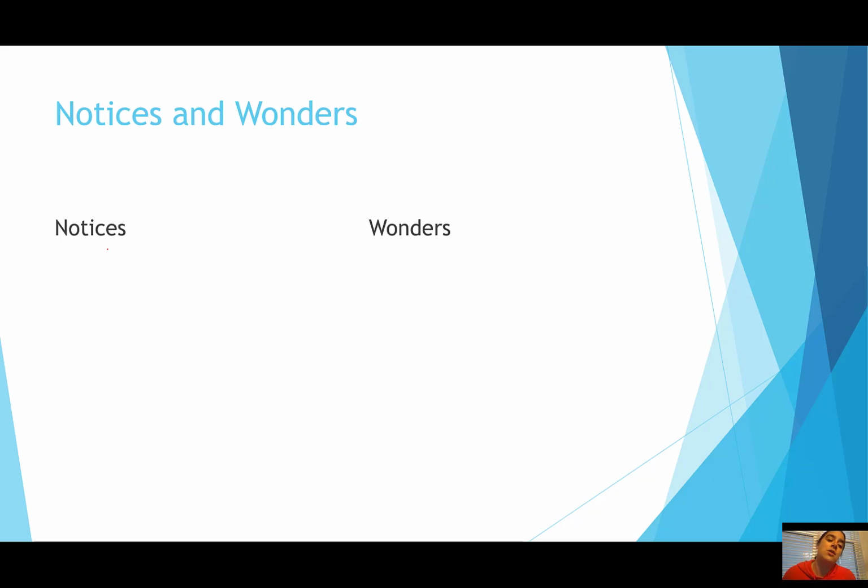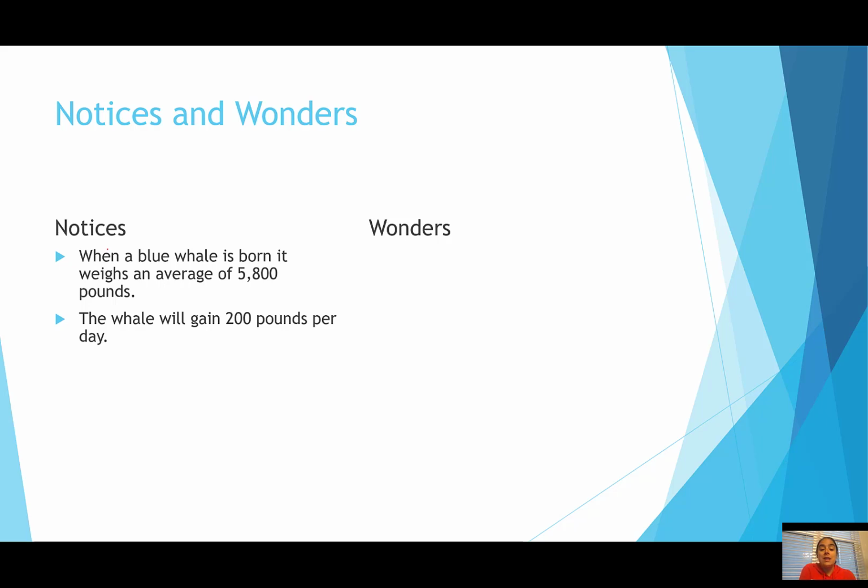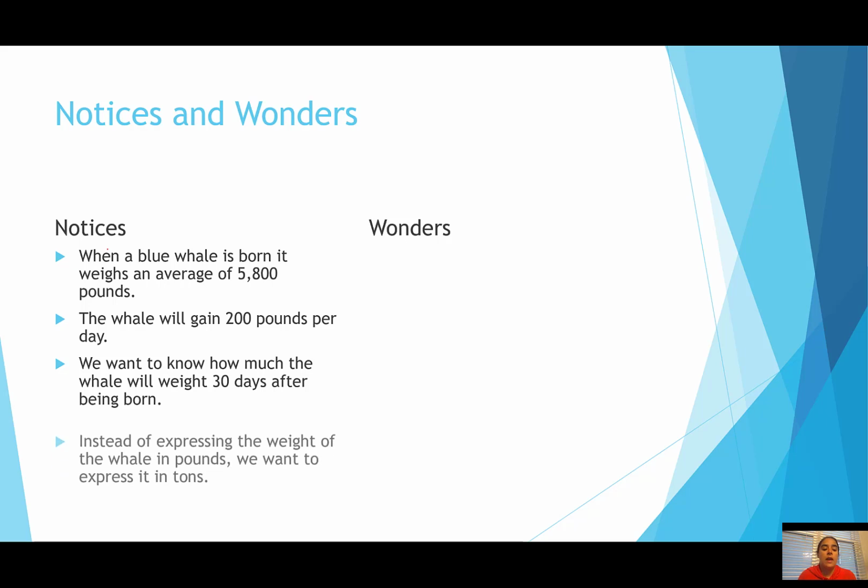Here are some of my notices and wonders. When a blue whale is born, it weighs an average of 5,800 pounds. The whale will gain 200 pounds per day. We want to know how much the whale will weigh 30 days after being born.